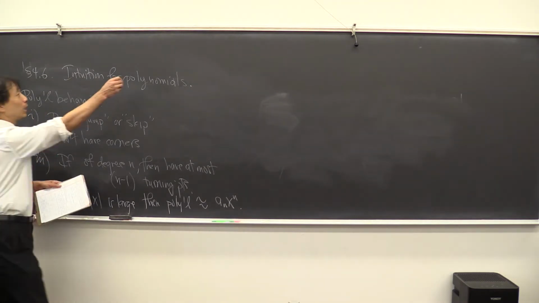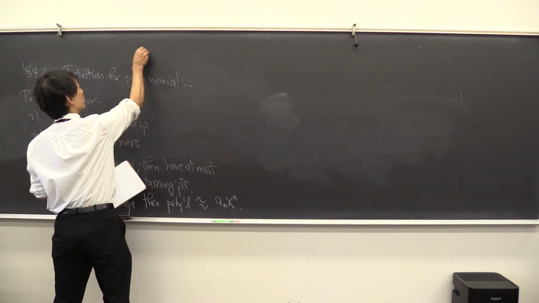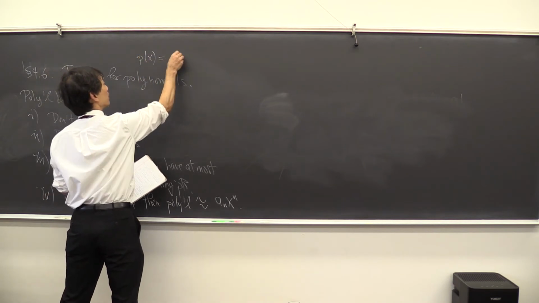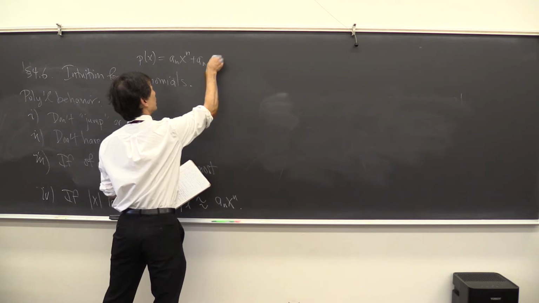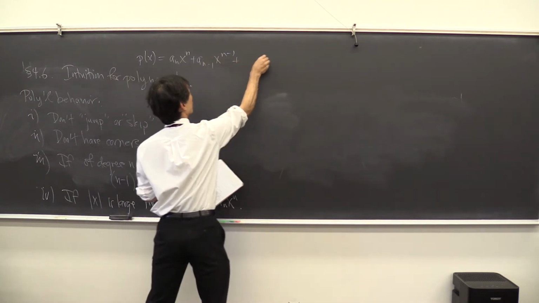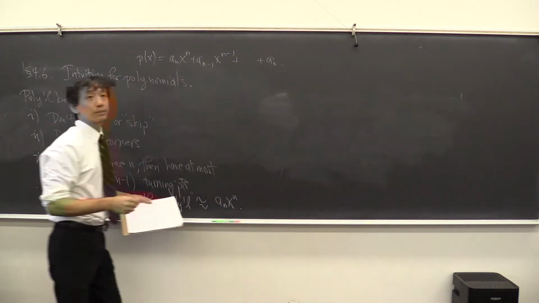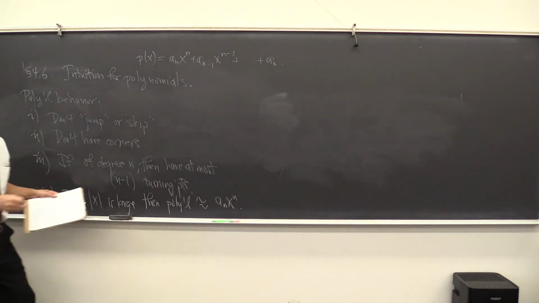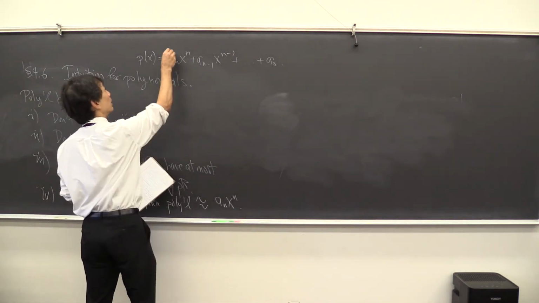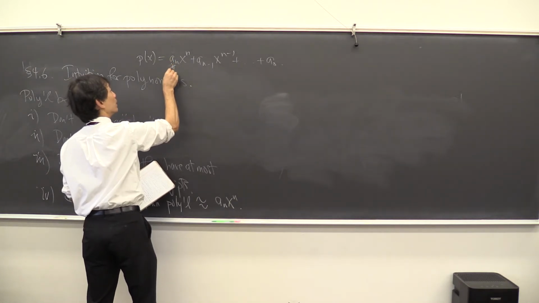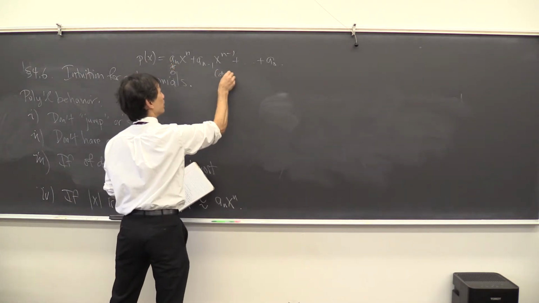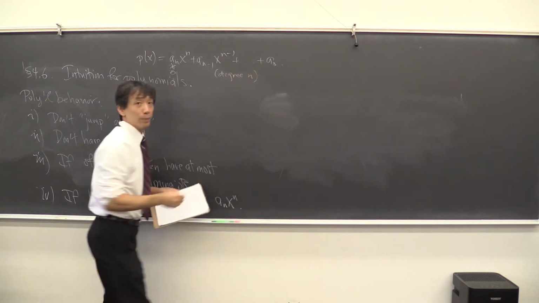Remember, a polynomial is something that looks like this: some constant times x to the n plus some other constant times x to the n minus 1, plus all the way down to the constant term. This is what we call a degree n polynomial.